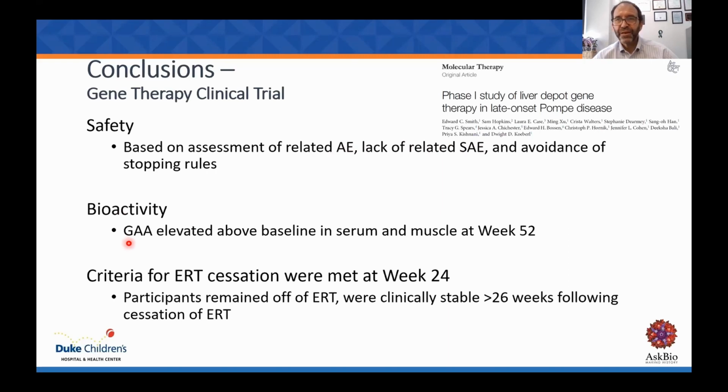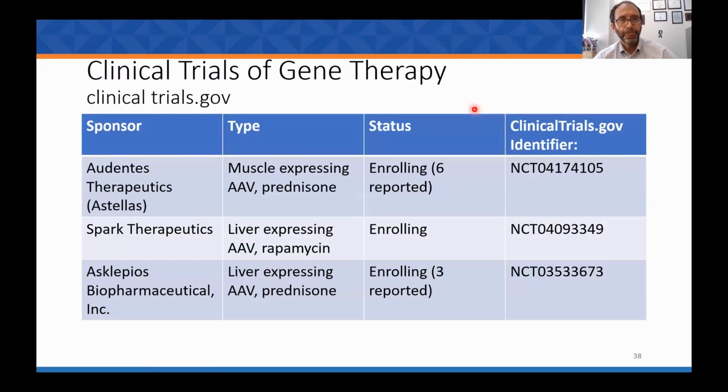Especially, we saw a significant elevation of GAA in muscle at week 52. And then the criteria for stopping ERT were met after week 24, and the patients stopped and remained off ERT for a total of about 18 months for this group. And we published this in the past year in Molecular Therapy. You could look at that publication for more details.